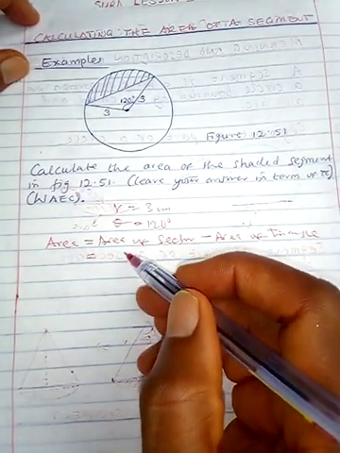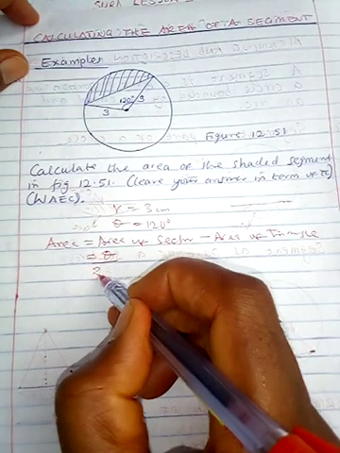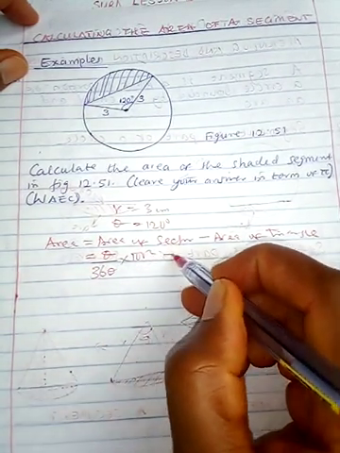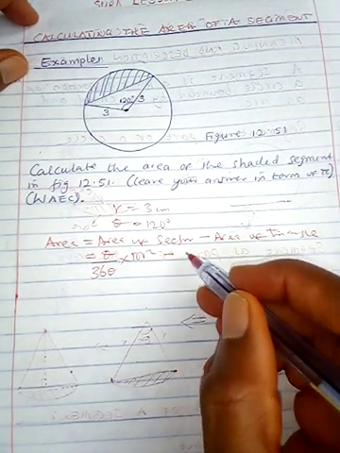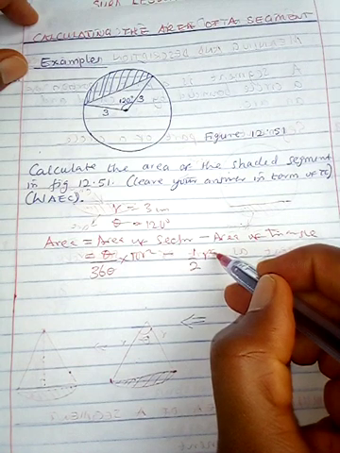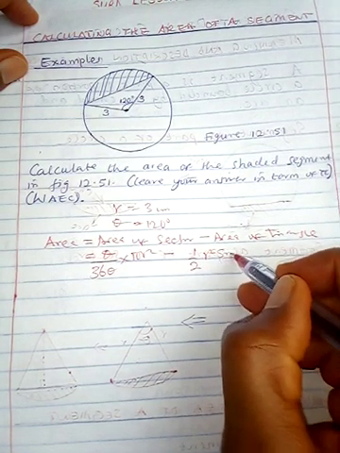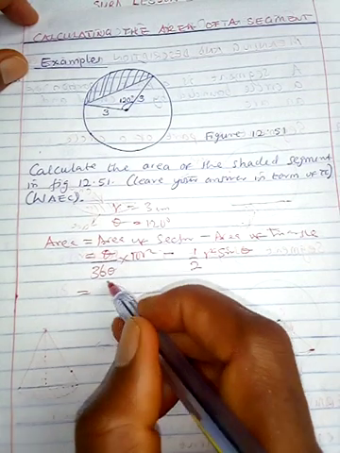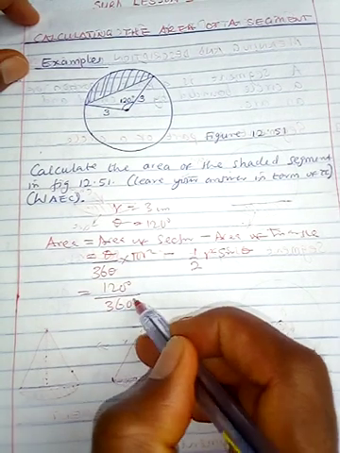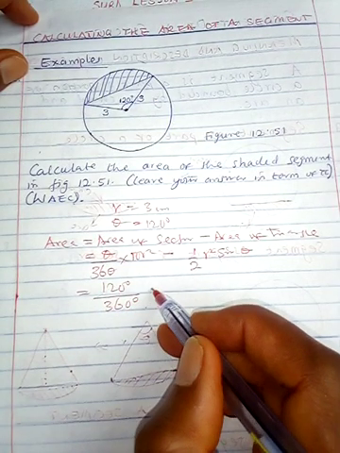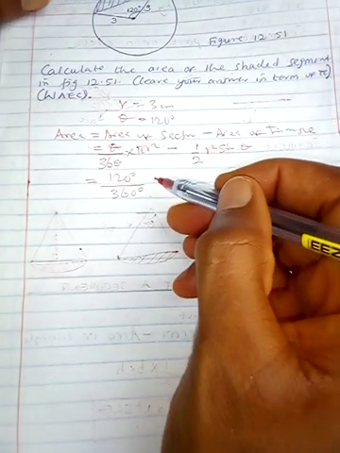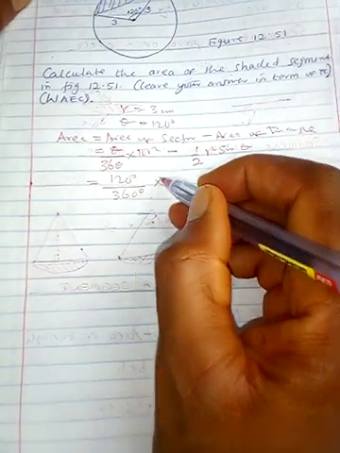So how do you find area of a sector? Area of a sector, like we just derived, is equal to theta over 360 times pi r squared, minus area of a triangle, which is half r squared sine theta. Let's do that now. Our theta is 120 degrees over 360 degrees times pi.